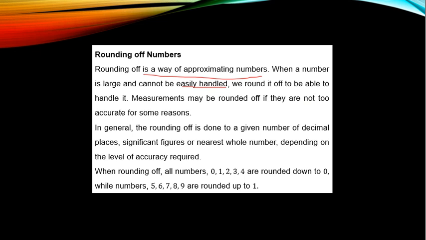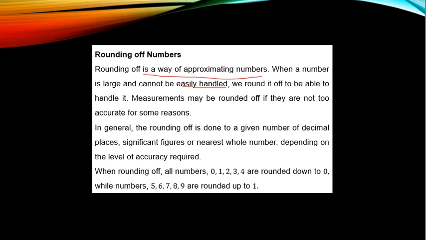Measurements may also be rounded off if they are not too accurate, maybe due to human error, defects in the measuring instruments, and other factors. So if we have such, we try to round them off in order to use them. Okay, so that is approximation.